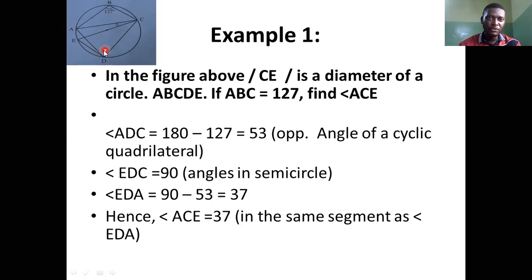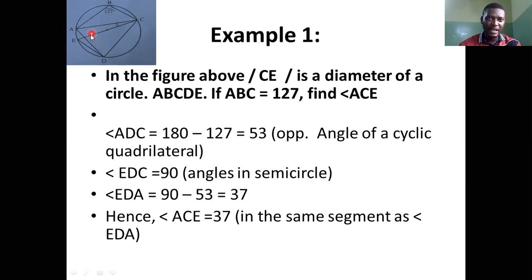But from one of our theorems, I think theorem 3, any angle at the circumference facing the diameter is 90 degrees. That was proved in our previous class. Any angle facing a diameter, this is the diameter.